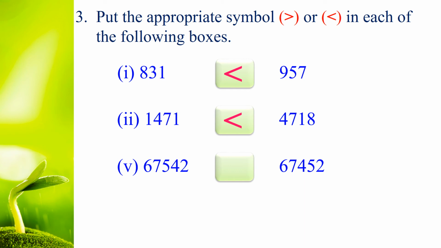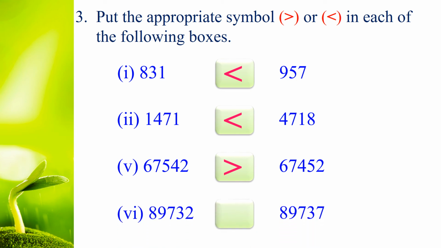Here the first two digits are the same. So let's compare the third digit. The first number's third digit is 5. The second number's third digit is 4. So 5 is greater. So that is, 67,542 is the greatest number.